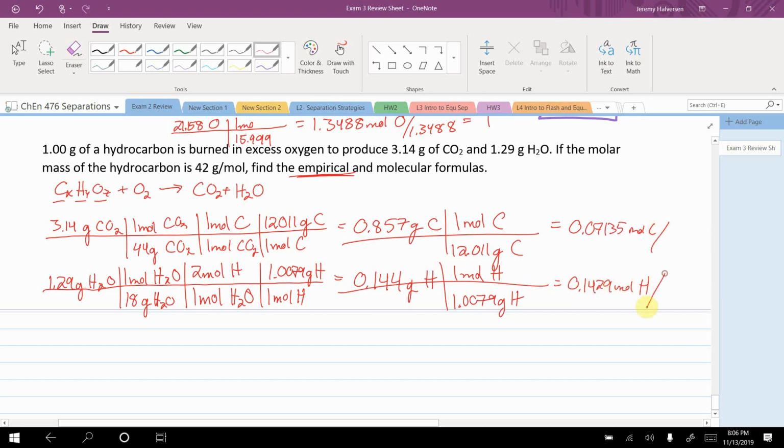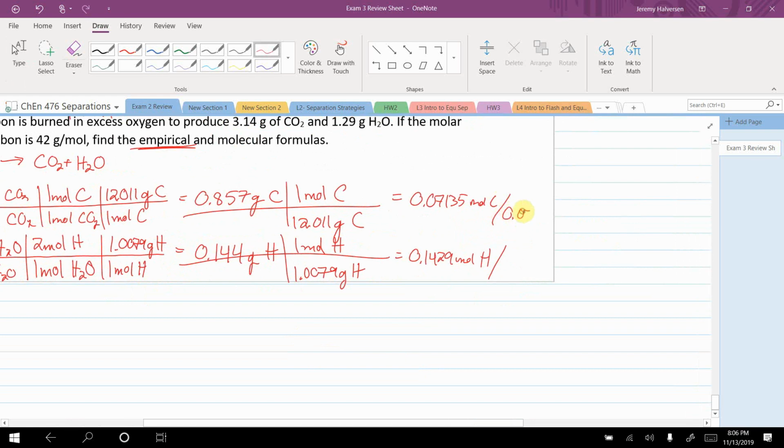And do what? So I get that equals 1, and this equals 2. So my empirical formula is CH2.